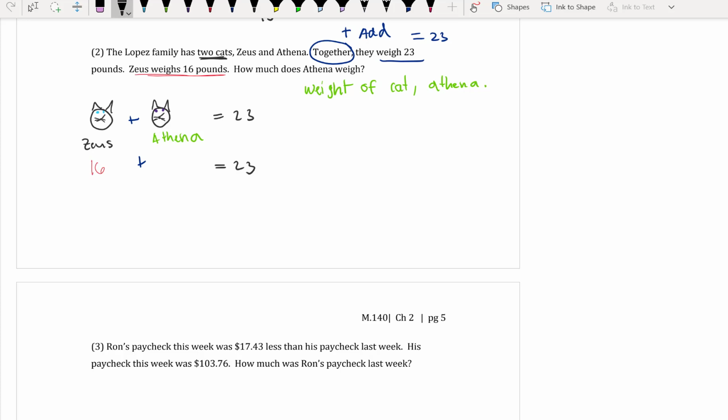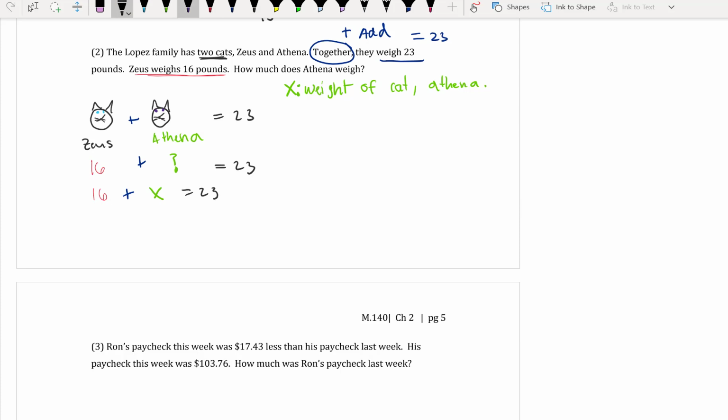But we don't know Athena's weight. We don't know how much Athena is going to weigh. So what we do is we give it a variable. So let's say that the weight of Athena is represented by my unknown. Let's call it x. So now I have a 16 plus x, which is the weight of Athena, is equal to 23.